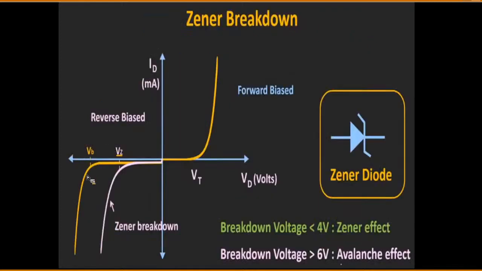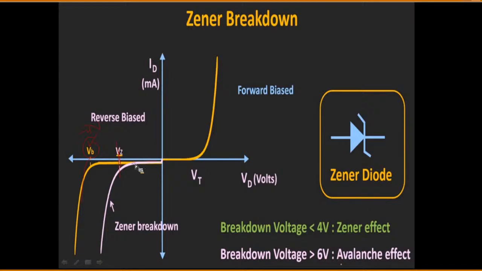Now see, this is for the normal case. In a normal PN junction diode, the breakdown will occur at the breakdown voltage. For example, I am assuming at minus 7 volts the normal breakdown occurs for the PN junction diode. This is for the normal case. But for the Zener diode, breakdown will occur at this point only, because a strong electric field is already developed in the depletion region.